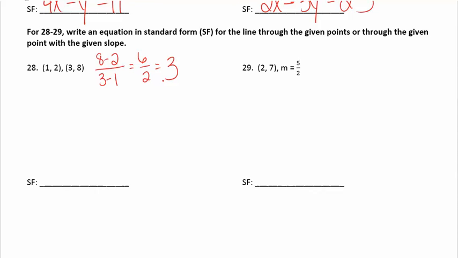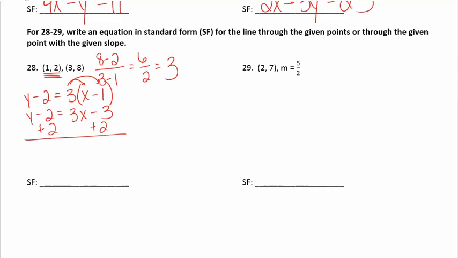Now I'm going to put it in point-slope form first, and I'm going to use the first ordered pair. That gives me y minus 2 equals 3 times x minus 1. I'm going to distribute: y minus 2 equals 3x minus 3. I'm going to add 2 to the other side to get it in slope-intercept form, 3x minus 1.